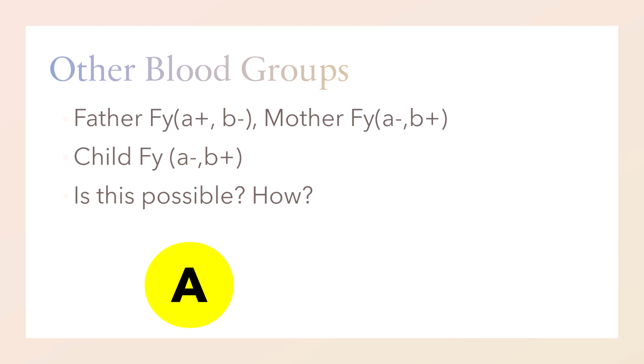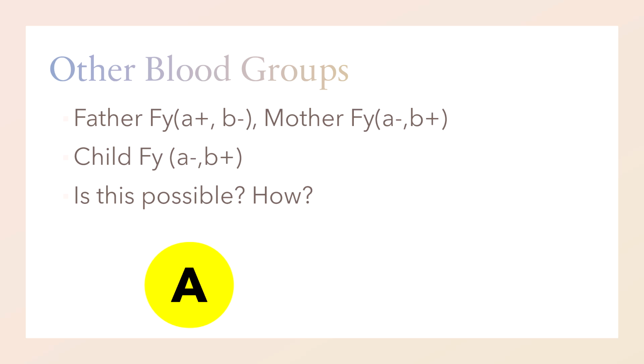Okay, we have a father that is Duffy A positive, B negative, a mother that is Duffy A negative, B positive, and a child that is Duffy A negative, B positive. Is it possible that those are that child's parents? So if the father is A positive, B negative, that means he has 2 copies.